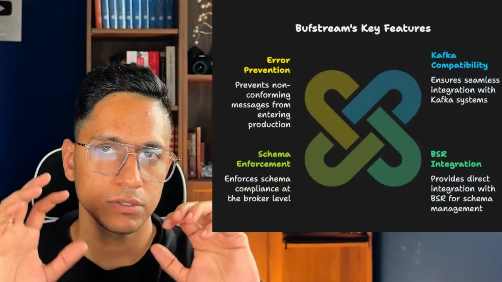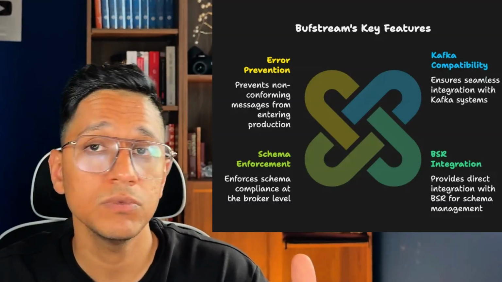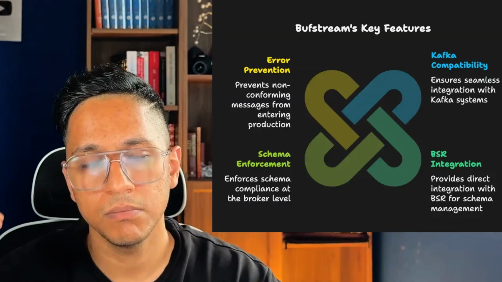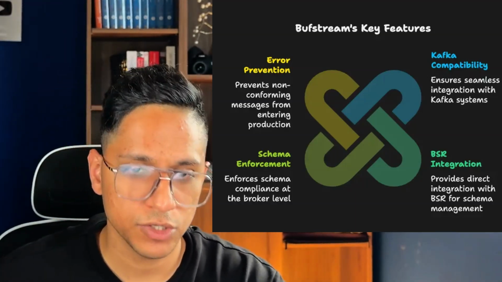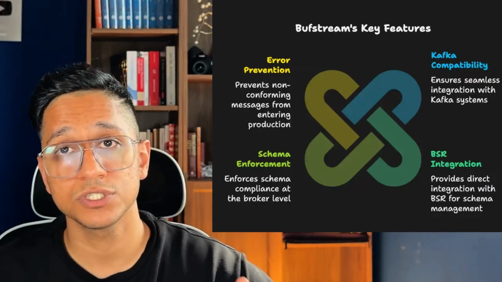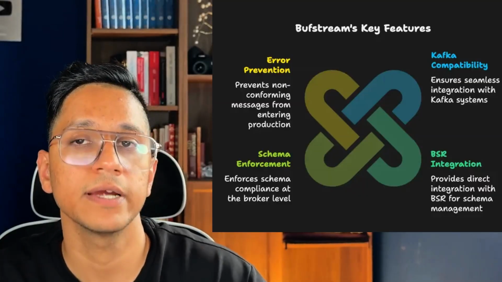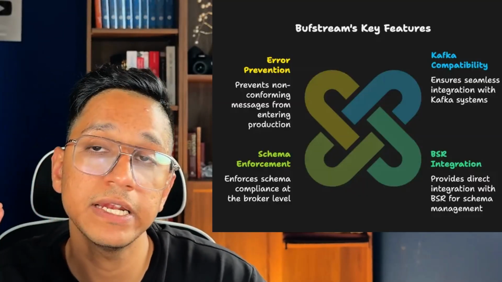The third component, which is also very important, is Buf Stream. And this is specifically for teams using event streaming, because Buf Stream is a Kafka-compatible message queue. Its key differentiator is the direct integration with BSR for schema enforcement at the broker level, not at the client level, at the broker level, which makes it really easy.